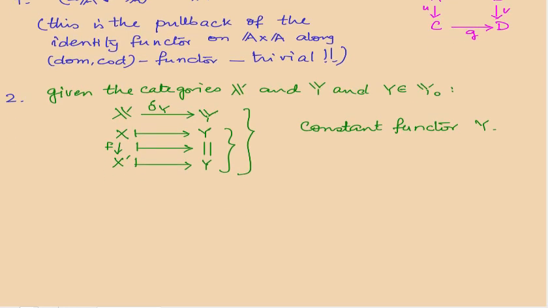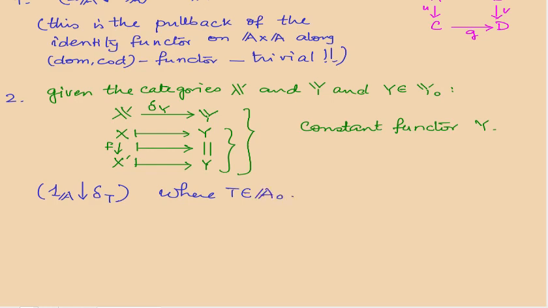Okay. So now let us look into the second example of, say, F. Let's say identity A, and where T is a specific object.